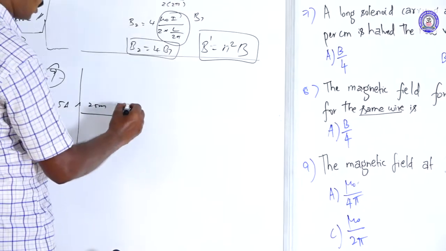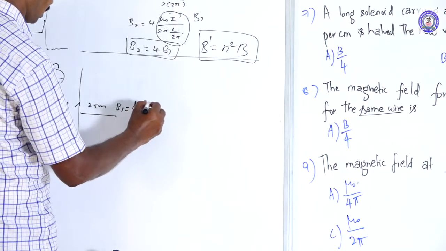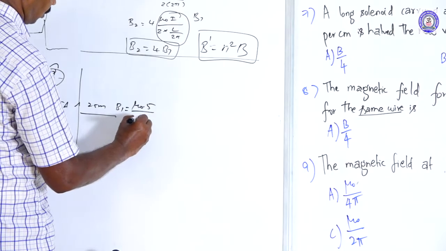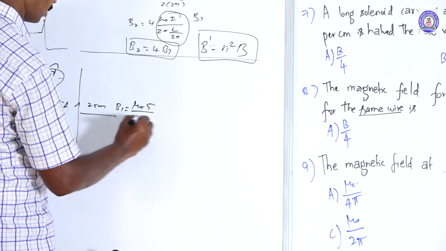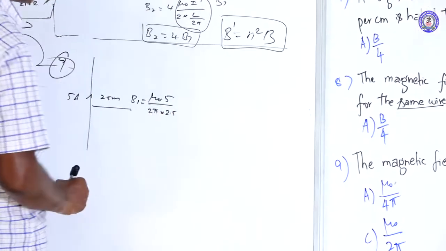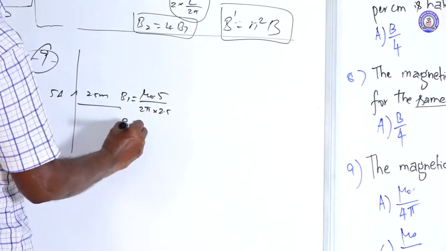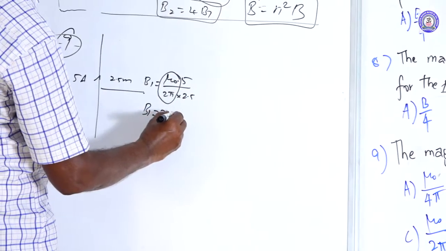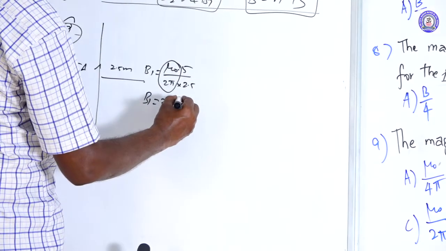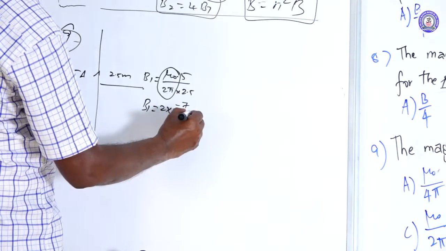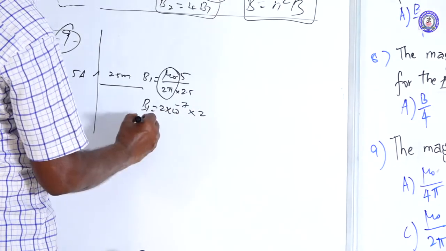So B1 is equal to mu naught into 5 divided by 2 pi into 2.5 meter. Then B1 is equal to, instead of mu naught by 2 pi, we can take 2 into 10 to the power minus 7 into 2.